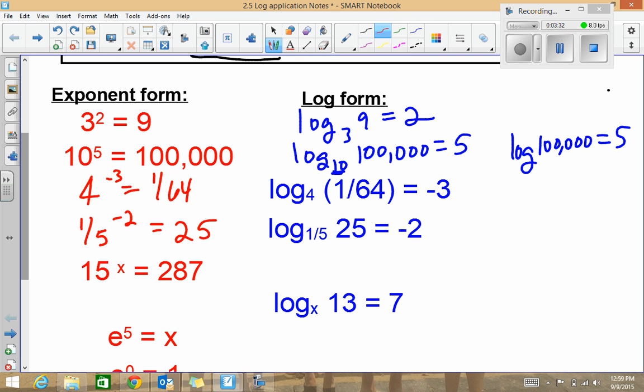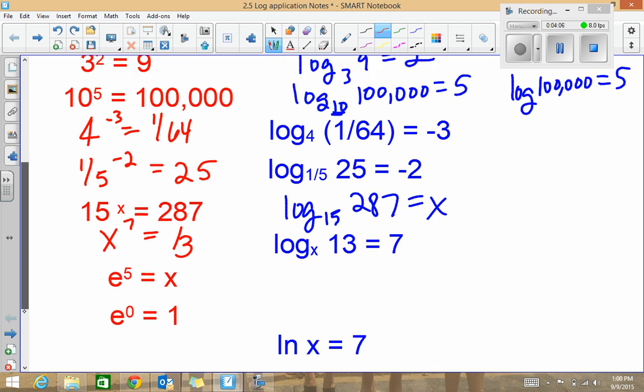So next example, we want to write the log equivalent of 15 to the x equals 287. So we would say, again, log base 15 of 287 equals x. Next example, log base x of 13 equals 7. Again, to write that as an exponent equation would be x to the 7 equals 13.